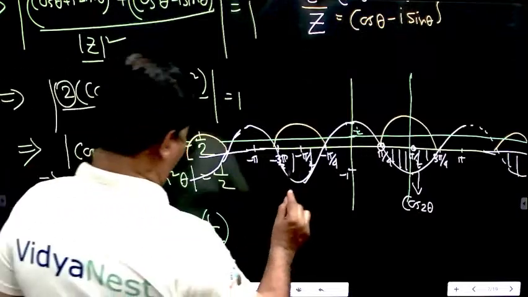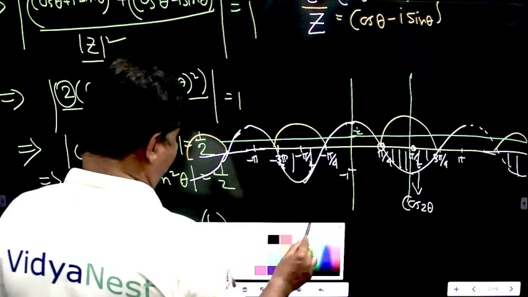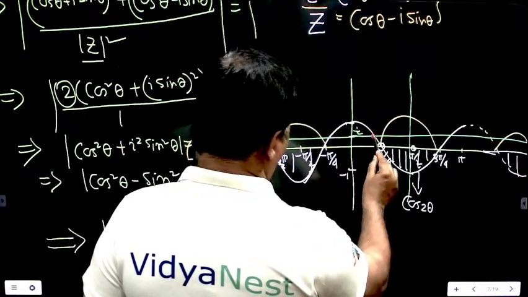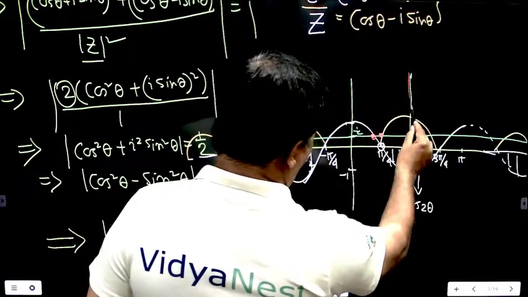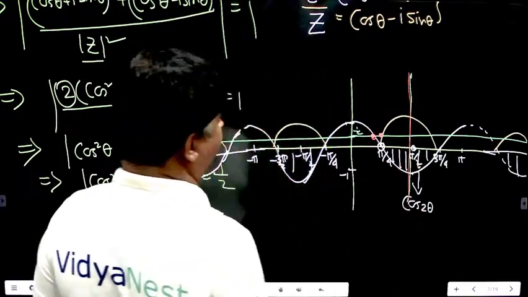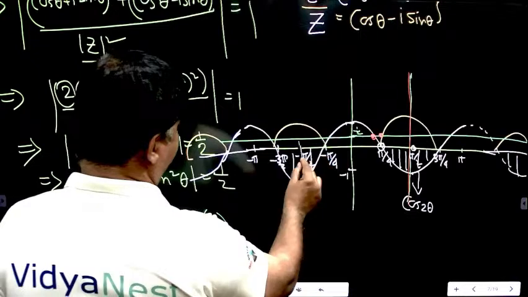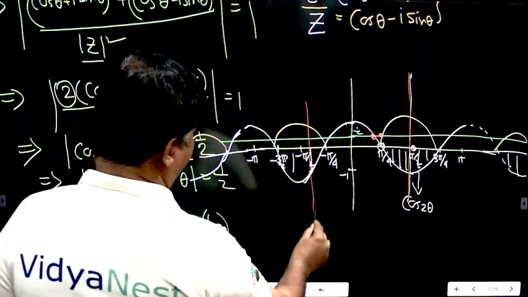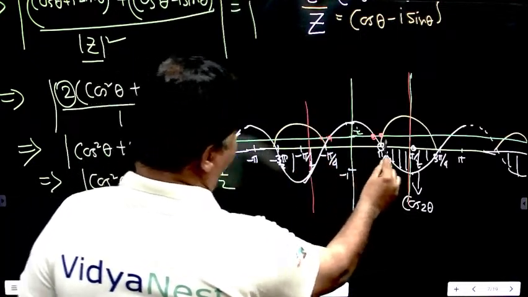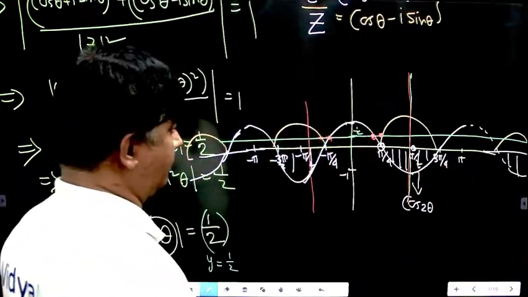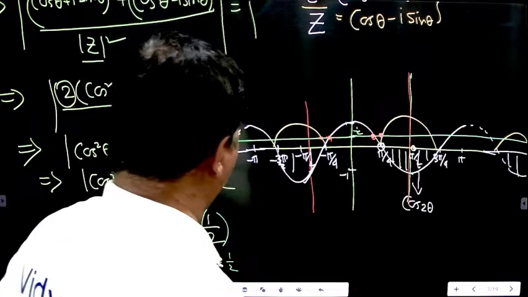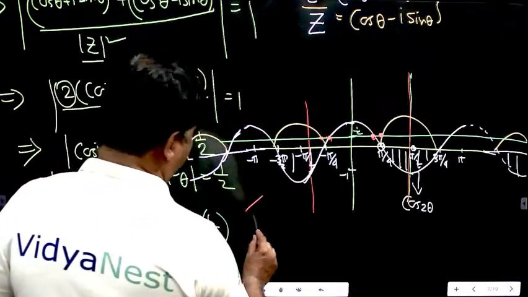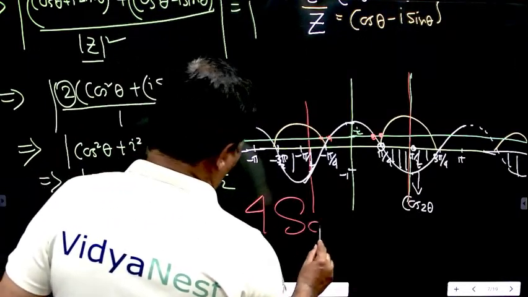How many points? One point is like this, another point is like this in that principal value. Here also, other values will be repeated. So there will be 4 solutions, not 8.